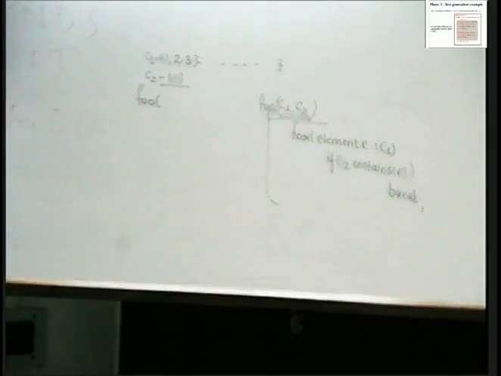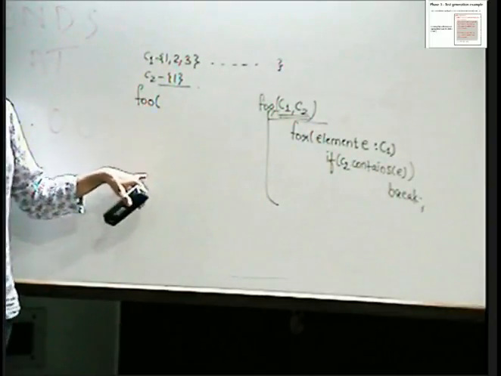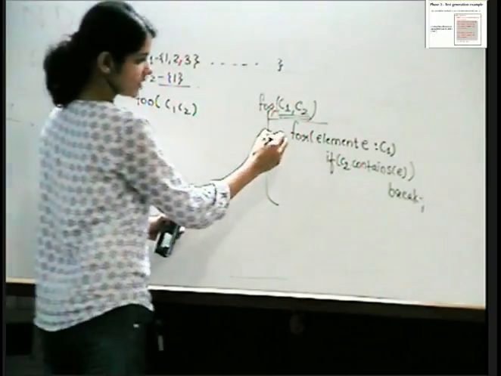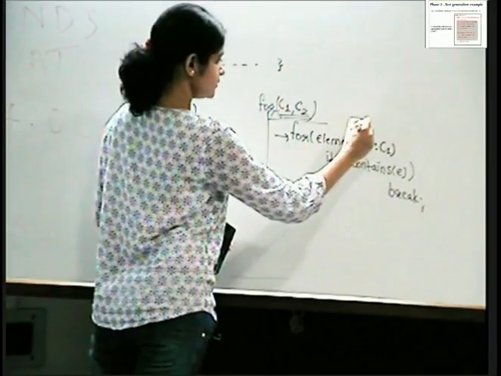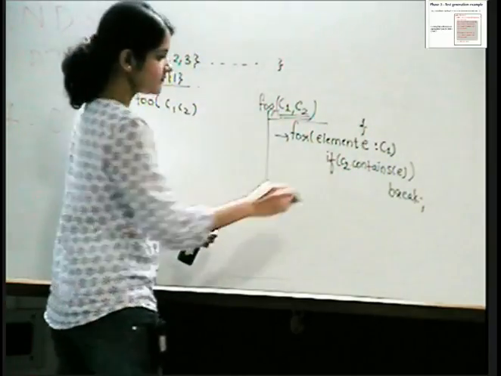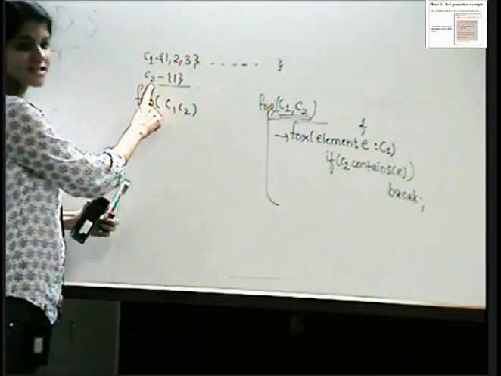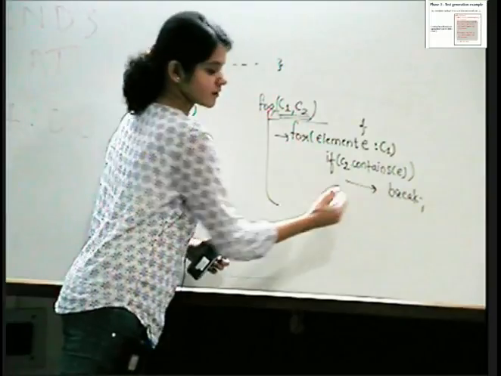When I am creating this test with such parameters, what will happen? When I invoke foo with C1 and C2, it will pick up the first element E in C1. What is this element? 1, right? And it will check if C2 contains E. It is checking if 1 is present in C2. It's present, right? So this loop will immediately break.